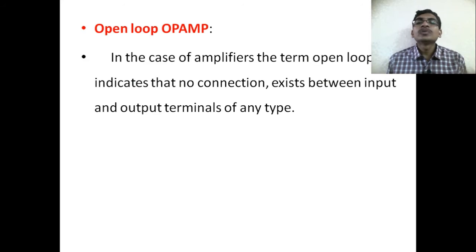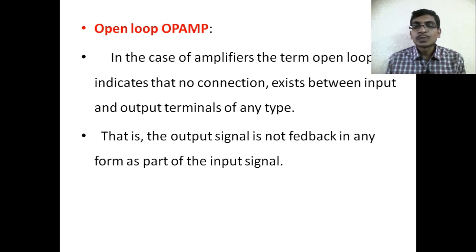So the open loop means there is no connection from the output to the input side. The output signal is not fed back in any form as part of the input signal, either directly or indirectly.